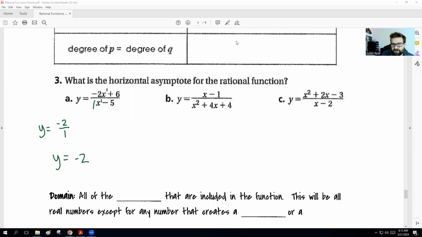Now here, the degree on the top is 1, the degree on the bottom is 2. If the degree is bigger on the bottom, it's going to be y equals 0. Now on this one here, degree of 2 is on the top, degree of 1 on the bottom. If the degree is higher on the top, there is no horizontal asymptote.